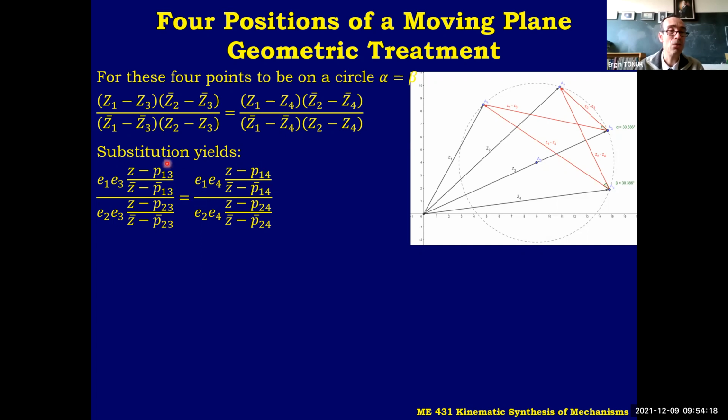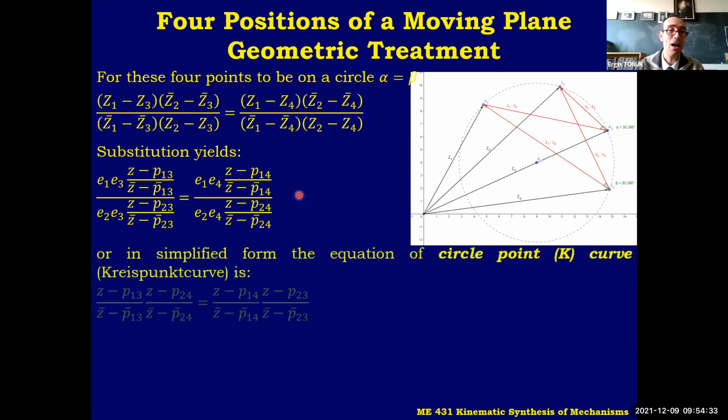So these 4 form the pole quadrilateral. If I simplify this equation, I will obtain the so-called circle point curve, or sometimes the K-curve because of its German name, Kreispunkt curve, like this, okay?